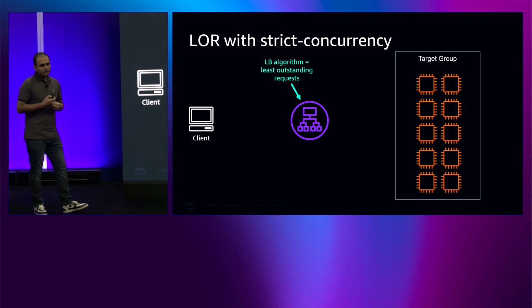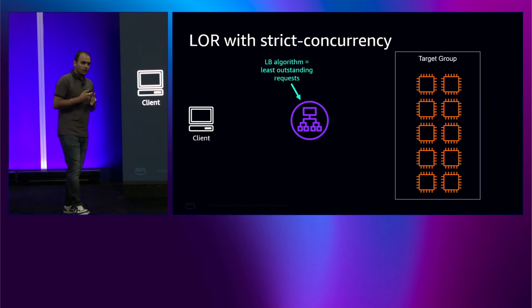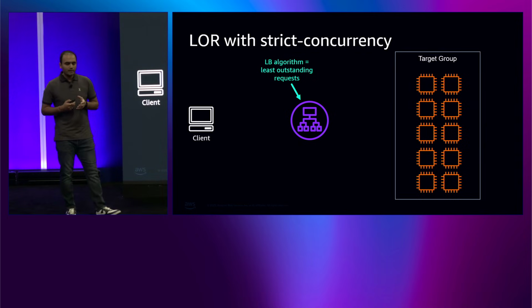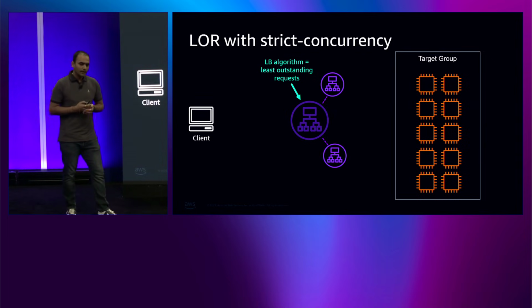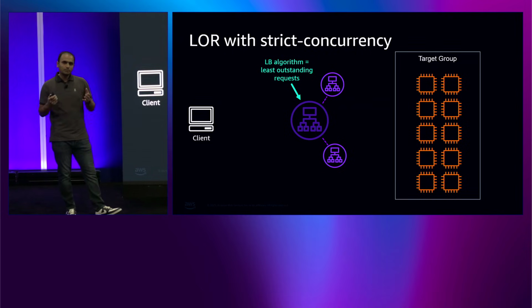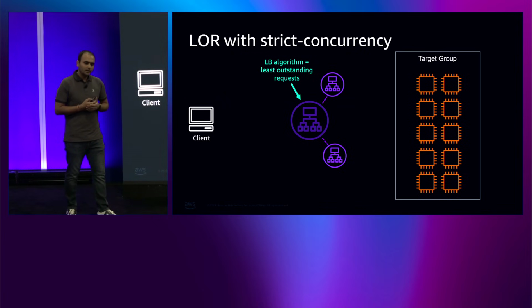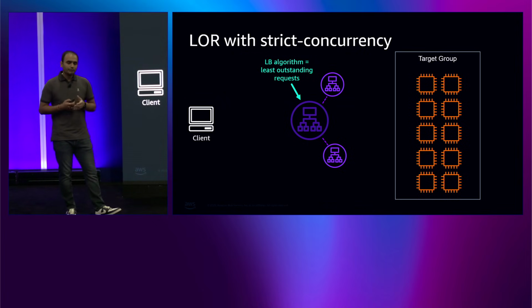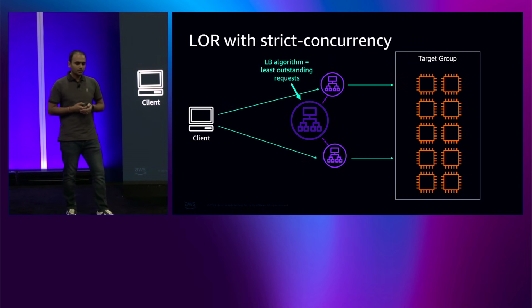And that has a lot to do with the way the load balancer is designed. Even though we refer to the load balancer as a unit, it actually comprises multiple independent units called nodes, which are decoupled by design and which make routing decisions independently. So the view of the target group as seen by one node is different from what the other node sees.